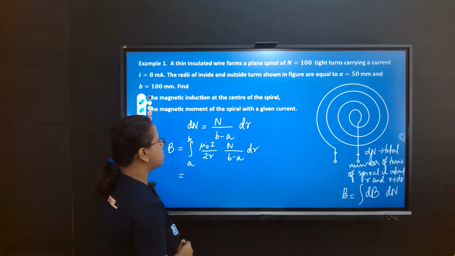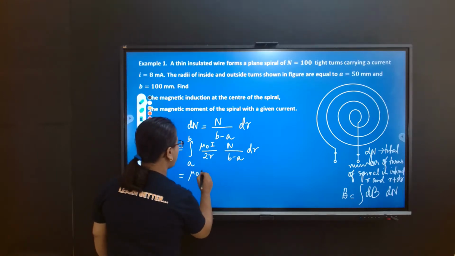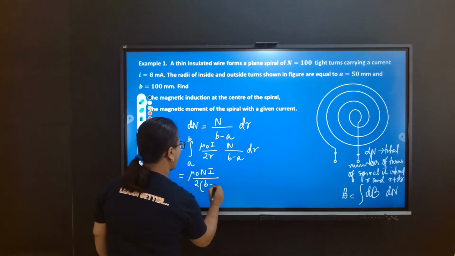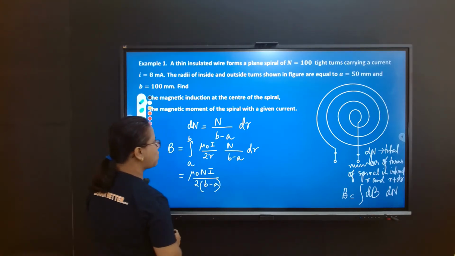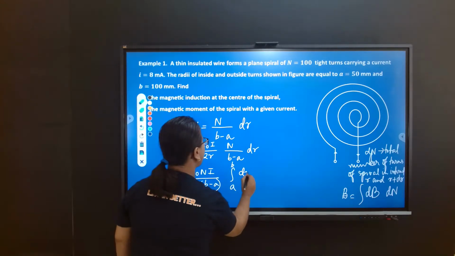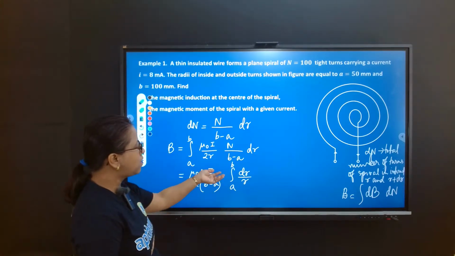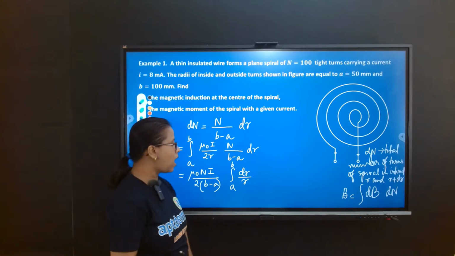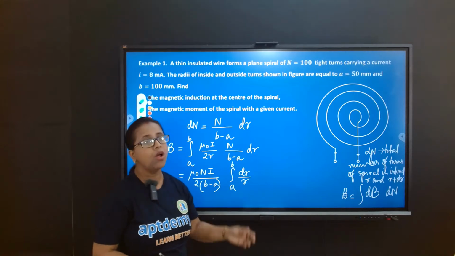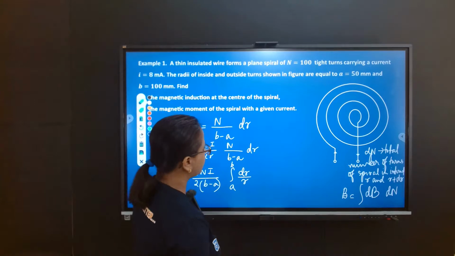So let's take the constant terms out of the integration sign. We have mu naught nI by 2 times b minus a coming out of the integration. And finally, within the integration, we are left with dr by r. So we can see that integration of dr by r is nothing but log r, of course, with the base e.